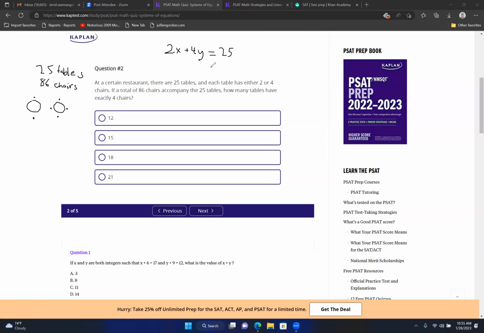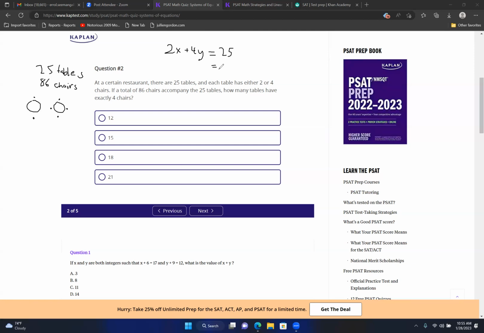And then what's the other equation? If a total of 86 chairs accompany 25 tables, how many tables have exactly 4?